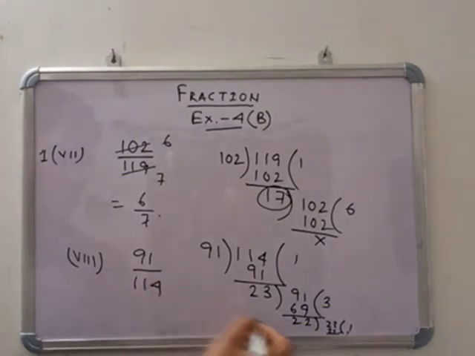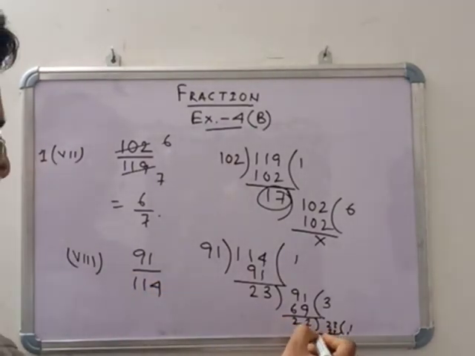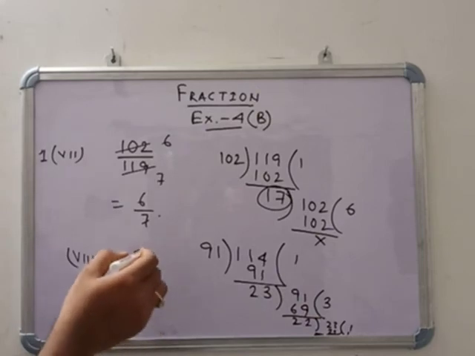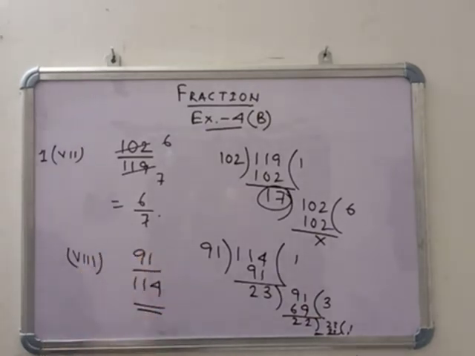The highest common factor of these two numbers is 1. If 1 is the highest common factor of two numbers, then the fraction remains the same.